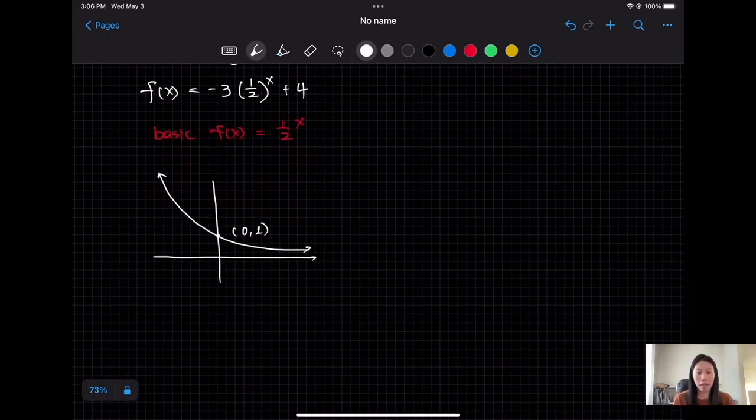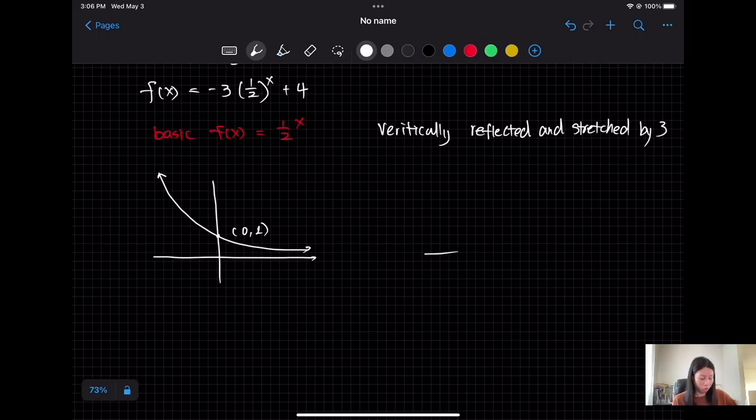Okay, so now let's get back to here. This is the basic function. And then if you multiply by -3, that means the function is going to be vertically reflected and stretched by 3.